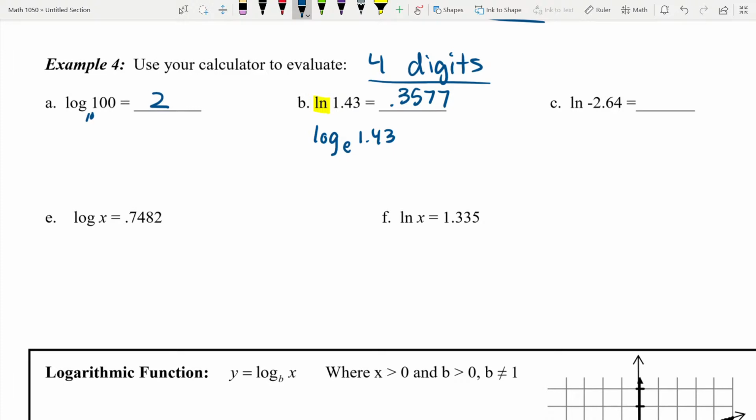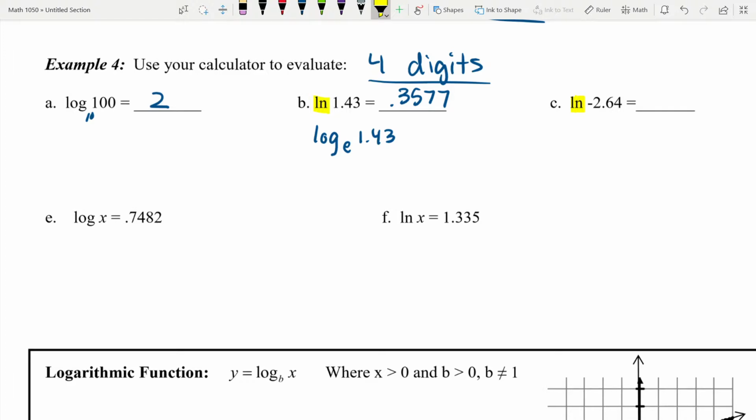Okay. Question C. Don't grab your calculator yet. If you did, it's okay. Does anybody know who hasn't touched their calculator what that's going to be equal to? Can you take the log of a negative number? You can't take the log of a negative number. And then you're like, why did she say log? Because that says ln. But is an ln a log?